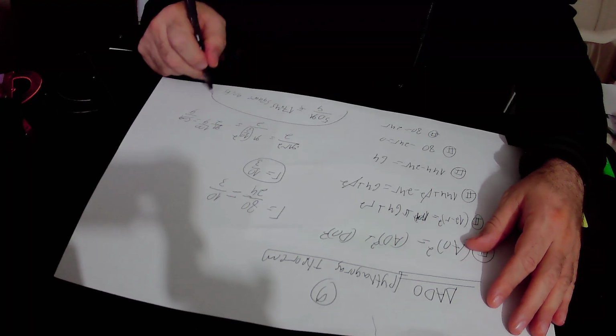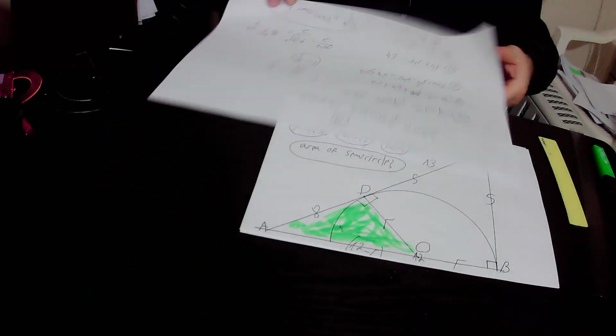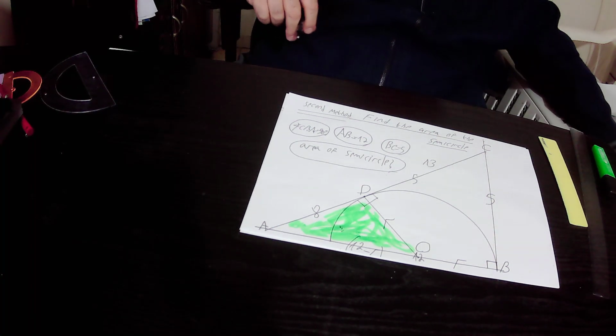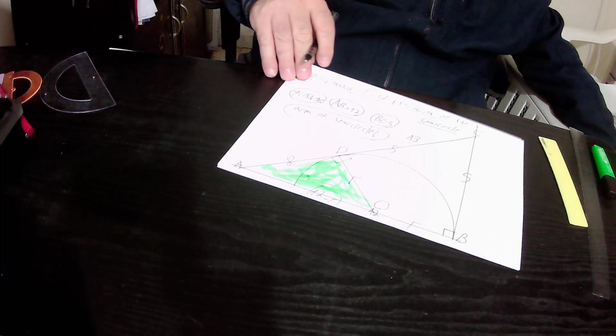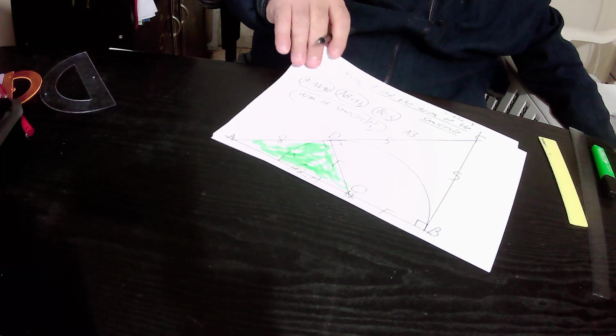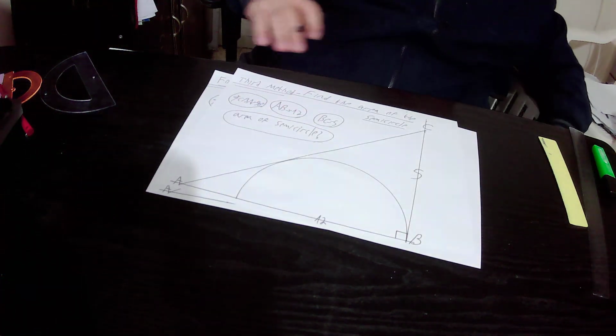Okay, we finished with the second method. In the next step, we'll find the area of this semicircle according to a third method.